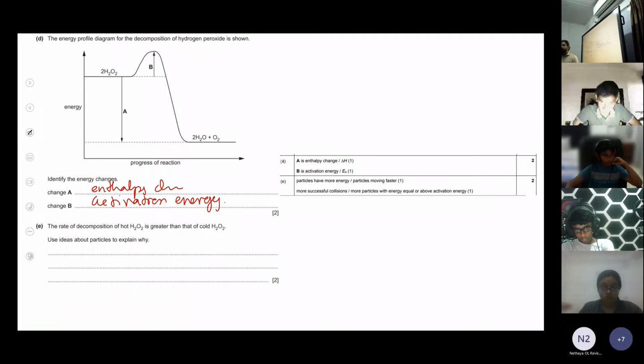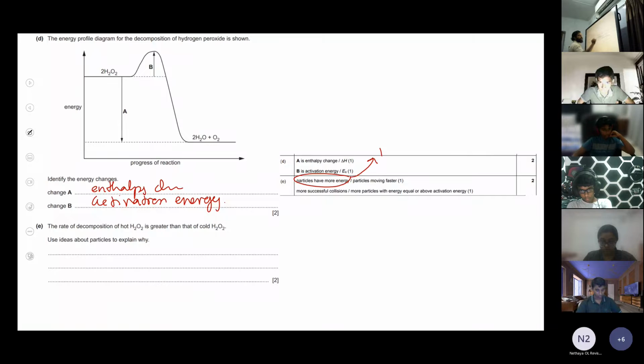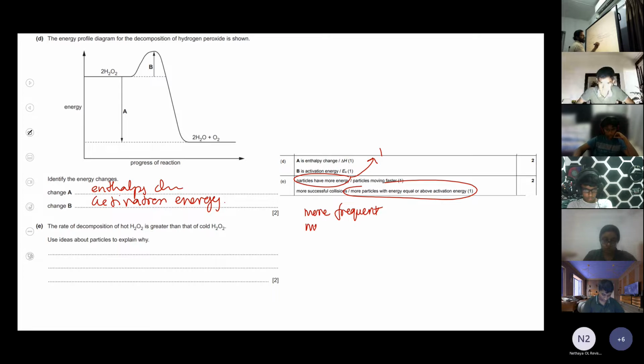More particles can overcome the activation energy. So my favorite: particles have more energy, 1 mark, more kinetic energy. More particles have energy to overcome the activation energy. Or you can say more frequent collisions, but that's not enough. More frequent with temperature, and more energy in collisions, so more successful collisions.